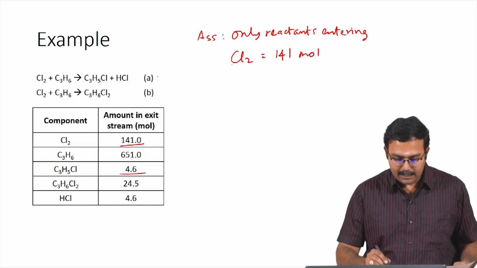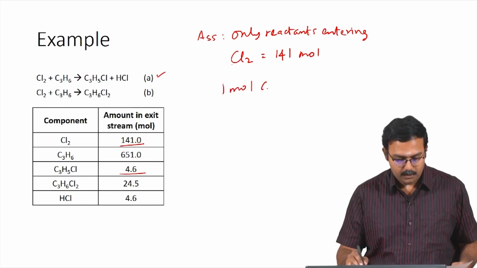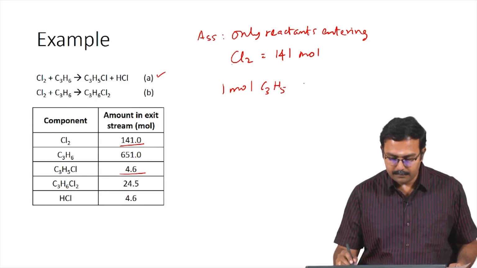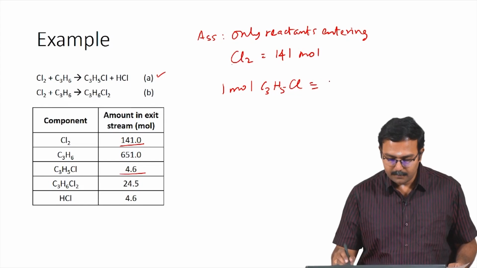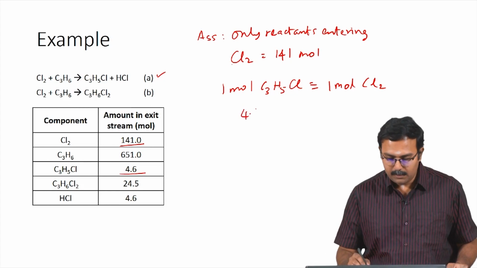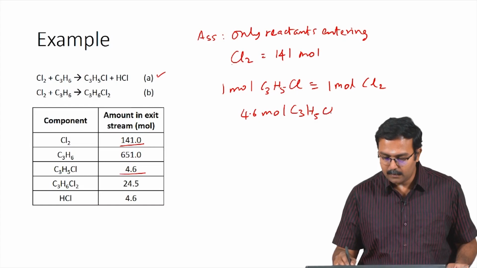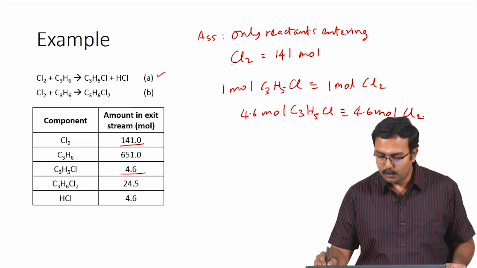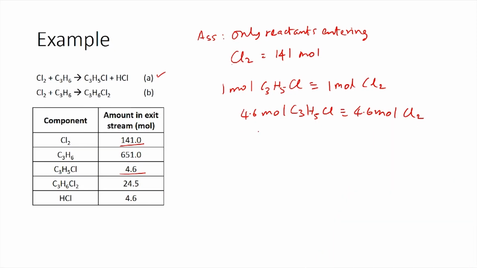From the reaction A, we know that 1 mole of C3H5Cl is produced by 1 mole of chlorine. So this means 4.6 moles of C3H5Cl was produced by 4.6 moles of chlorine. So in the first reaction, we know that 4.6 moles of chlorine has actually been consumed.